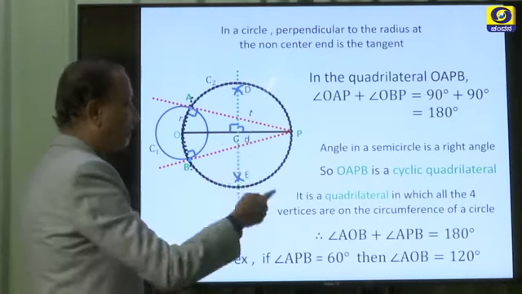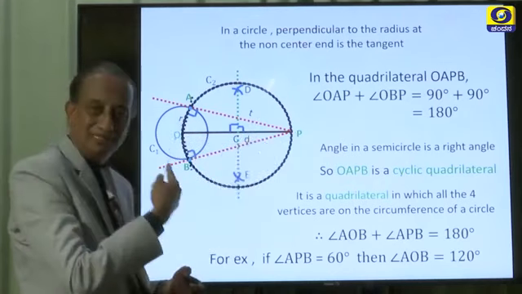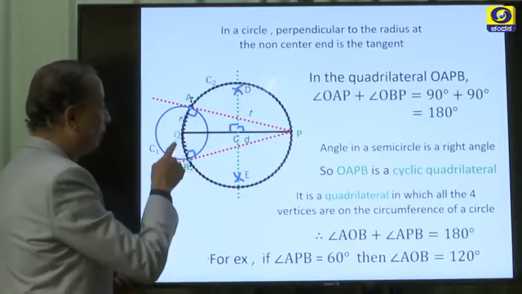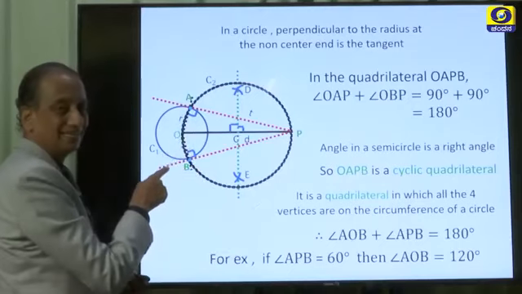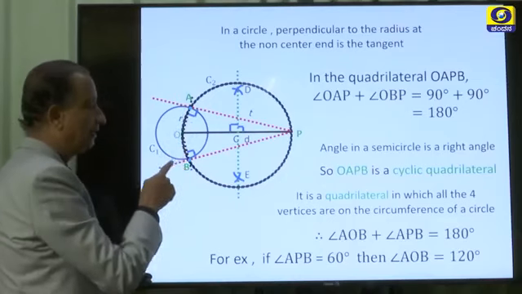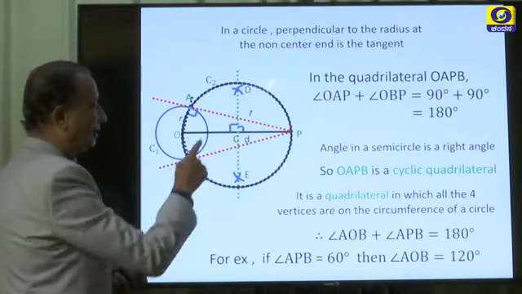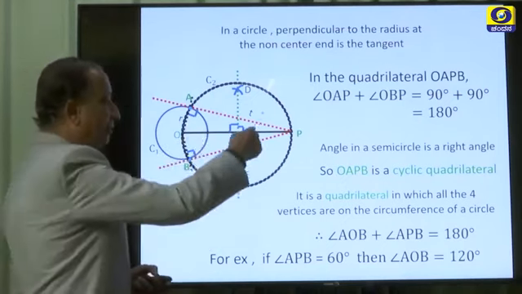So, if you are asked to construct the tangents such that the angle between them is 60, what do we have to do? We have to take 120 here, and draw these two radii such that the angle is 120. So, draw the perpendiculars at the non-center end, they will become the tangents with the angle between them as 60 degrees.